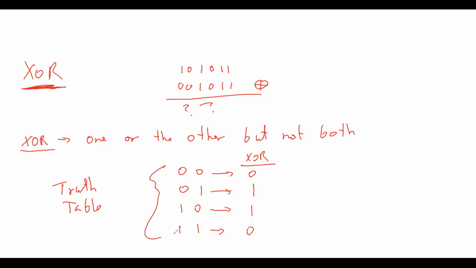Now, you won't really have to do this by hand, to be honest. We're just going to use Python functions. Python has a way of doing the XOR operation very easily. Okay, so let's do an example to drive this home. I'm going to put it in the context of cryptography.